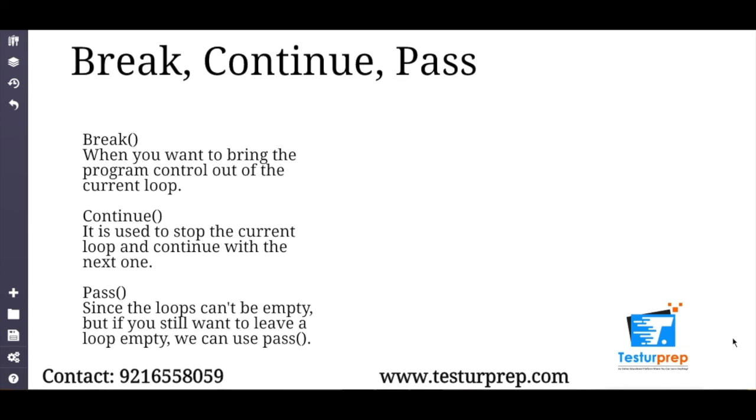Continue is used to stop the current iteration and continue with the next one. So when I do not want the current iteration to be executed further, I will use continue.